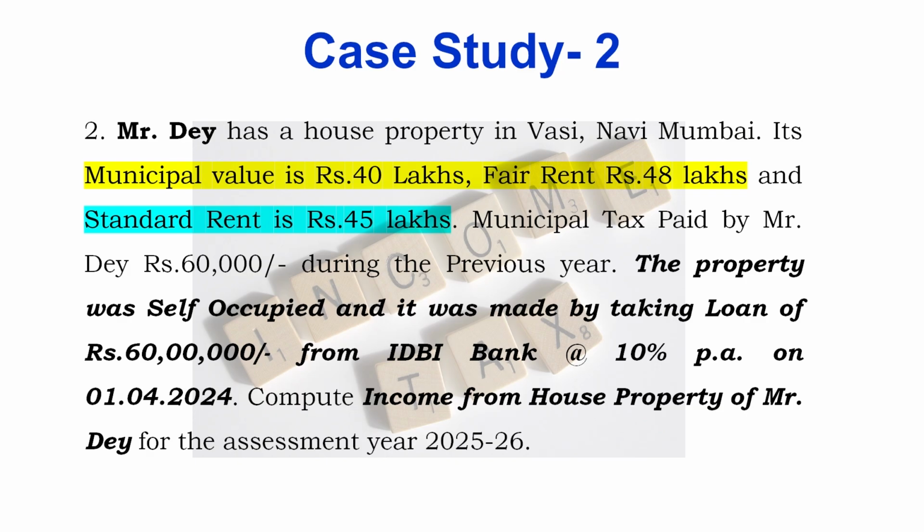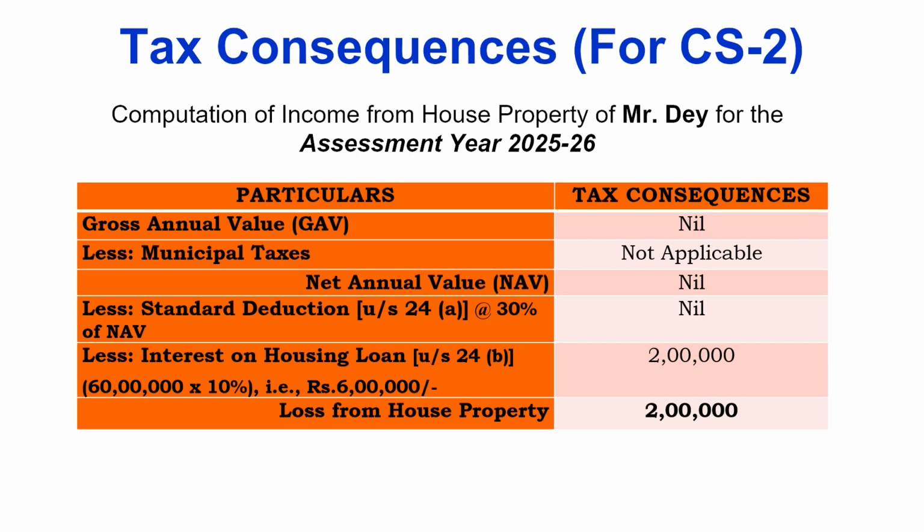The property was self-occupied and it was made by taking a loan of rupees 60 lakhs from IDBI Bank at the rate of 10% per annum on 1st April 2024. Compute income from house property of Mr. De for the assessment year 2025-26. Now, let's see the tax consequences.